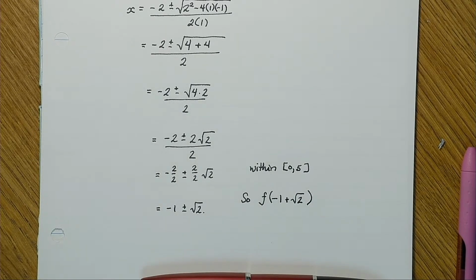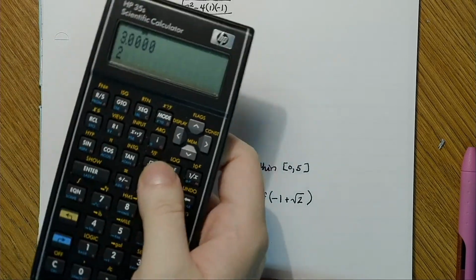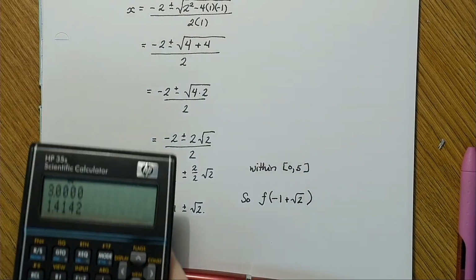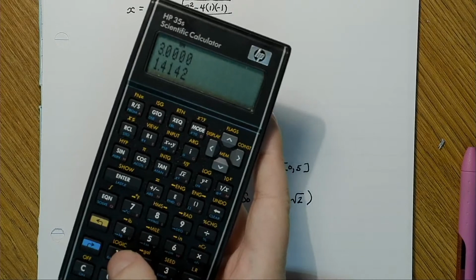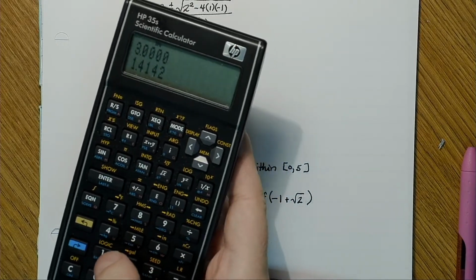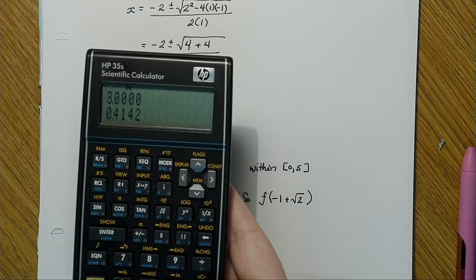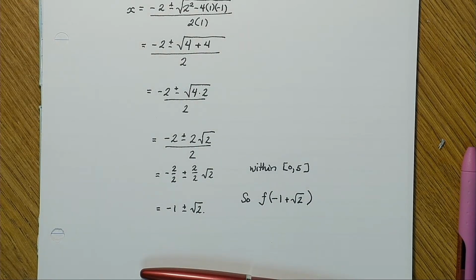It should be about 1.414. But just to double check. Yep. So that's the square root of 2, and then you have a minus 1 to deal with, so you add that, and you've got 0.4142. So you're within that interval of 0 to 5.